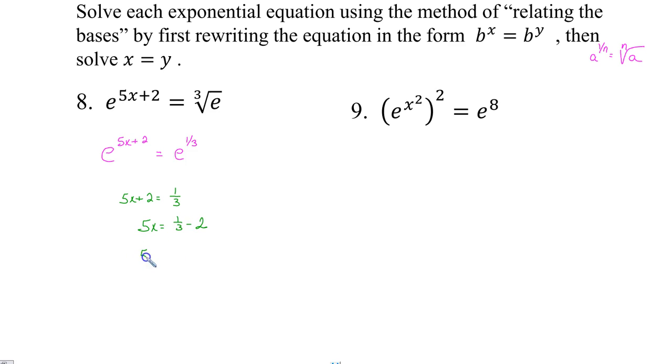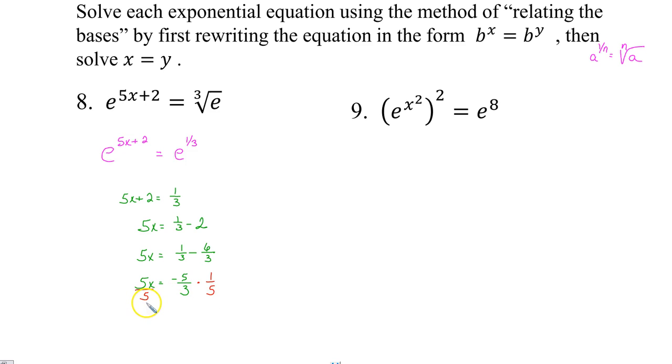Real quick reminder about this. Common denominator is 3. So 1/3 minus common denominator, 3 times 2, this gives me 6/3. So I have 5x is equal to negative 5/3. Another reminder is that if I divide by 5, that is the same thing as multiplying by 1/5.